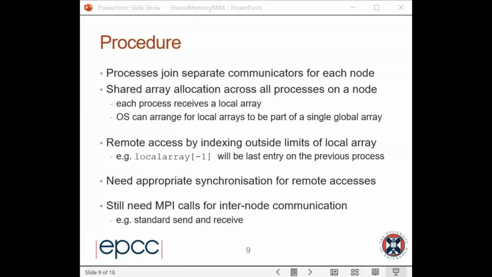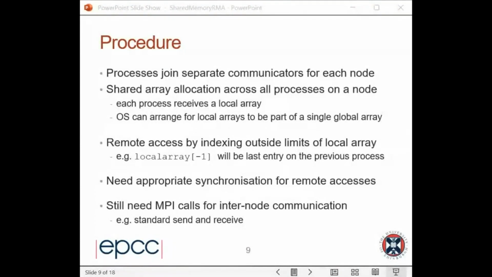I'm going to get the syntax wrong, 2,000 times size of int. Yeah. So I've got my int star, that didn't really work. Let me actually do.